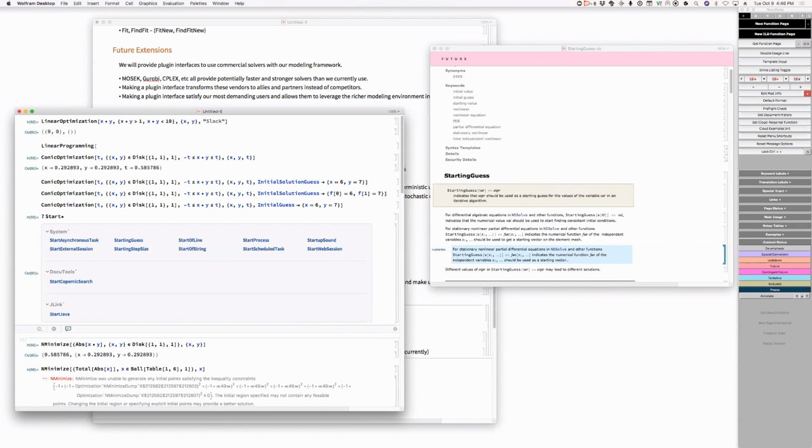Now, if we were to use it in optimization as guidance for where the algorithm might start, it would be a guess for a part of the solution or a component of the solution.